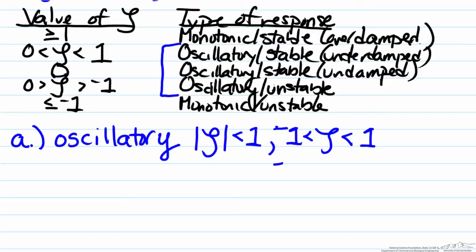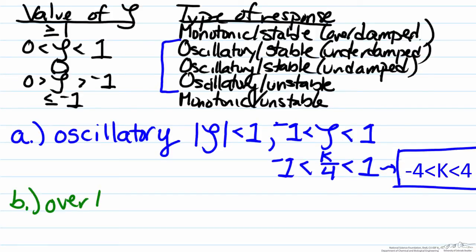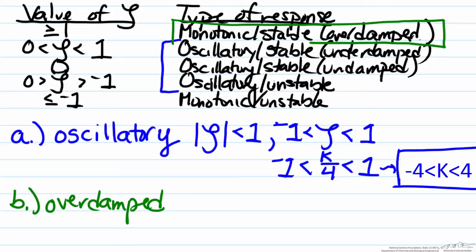We can substitute zeta in to get -1 is less than k over 4, which is less than 1. And if we multiply everything by 4, we get our acceptable range of k, which is -4 is less than k, which is less than 4. Part B asks for what range of k will get an overdamped response, and that can be found by looking at our table and seeing that an overdamped response corresponds to a response that is both monotonic and stable.